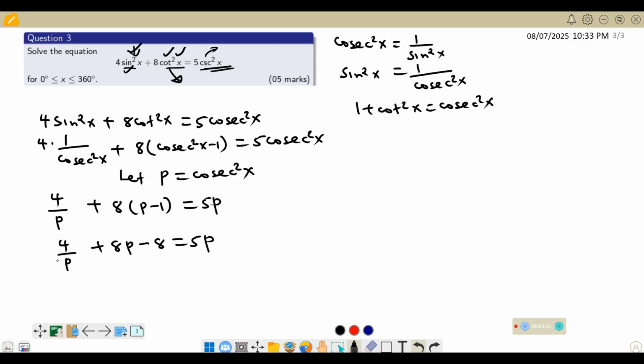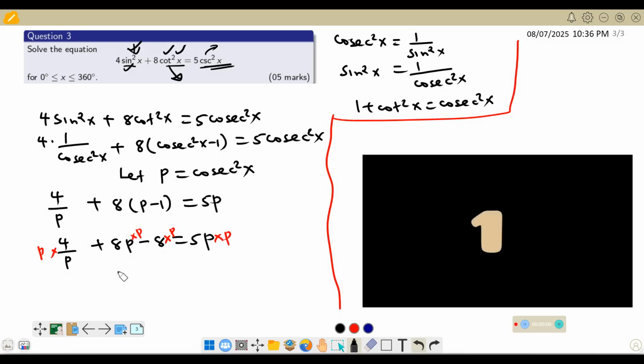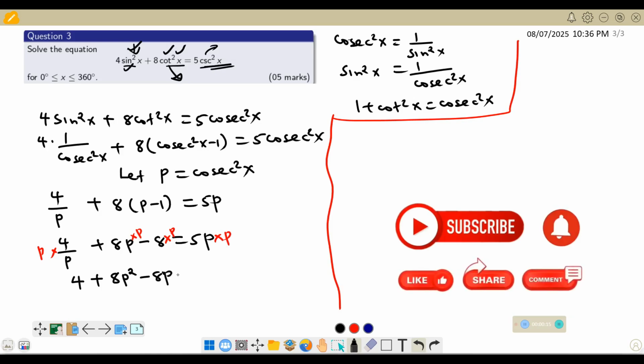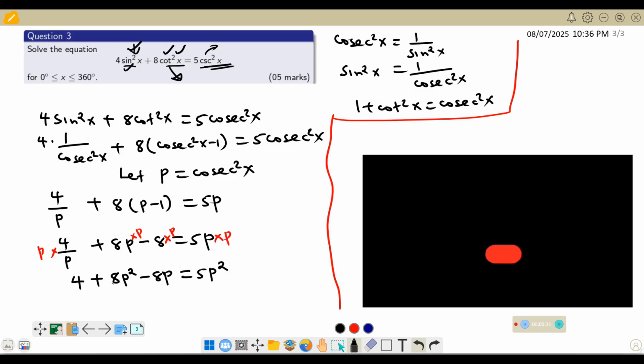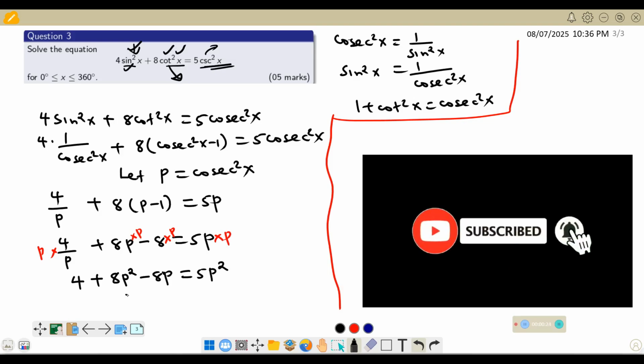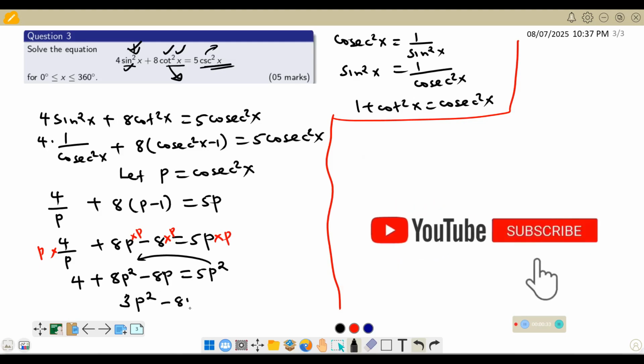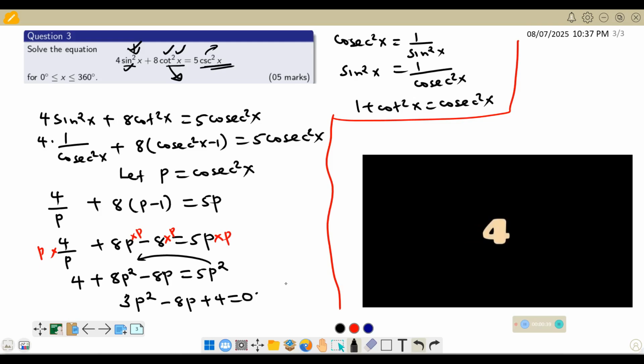We shall have 4, plus 8p squared minus 8p, which is equal to 5p squared. So we can rearrange this by collecting like terms. This will be 8p squared minus 5p squared, that will give us 3p squared, then minus 8p, and then plus 4, which is equal to 0. So that is basically what we shall have.